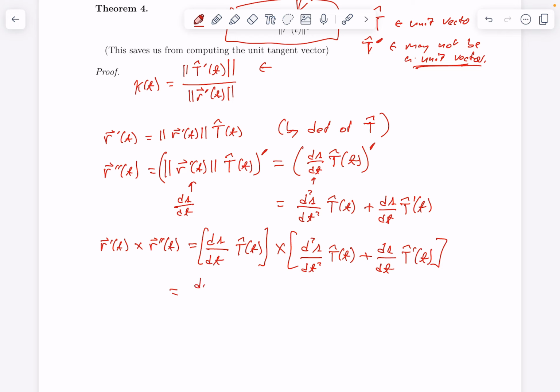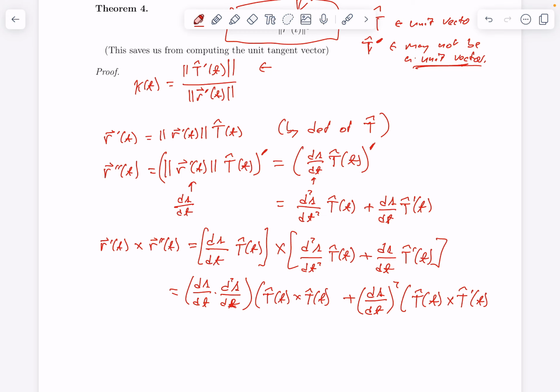It's going to be ds/dt times d squared s/dt squared times t hat cross t hat, plus (ds/dt) squared, there are two of them, times t hat cross the derivative of t hat.